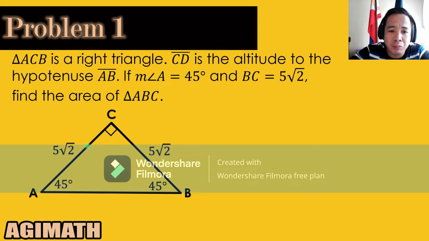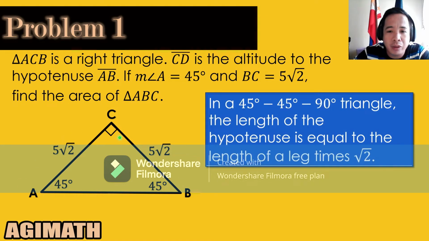Now, if we have AC and BC equal to 5 square root of 2, we are using this theorem that in a 45, 45, 90 triangle, the length of the hypotenuse is equal to the length of a leg times square root of 2.